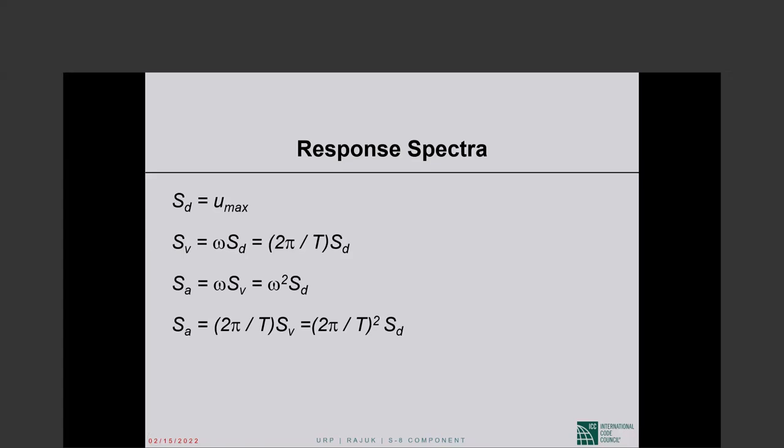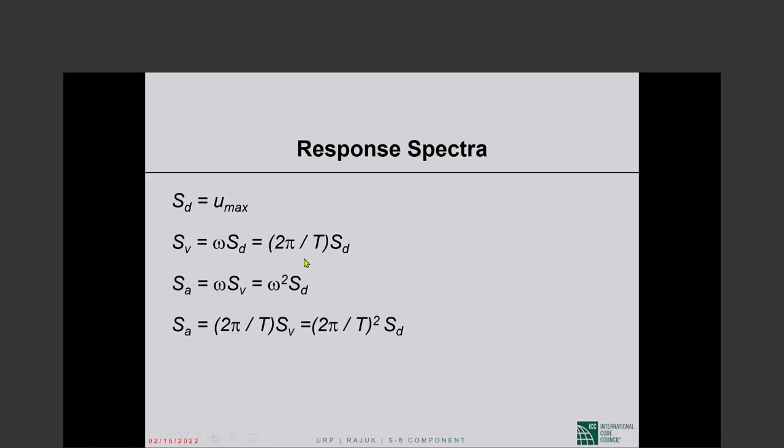The word pseudo quite often is dropped. We would just say spectral velocity, meaning spectral pseudo velocity. There aren't two different things, spectral velocity and spectral pseudo velocity. They are one and the same thing. We quite often just simply do not say pseudo, but when we say spectral velocity, it is spectral pseudo velocity.